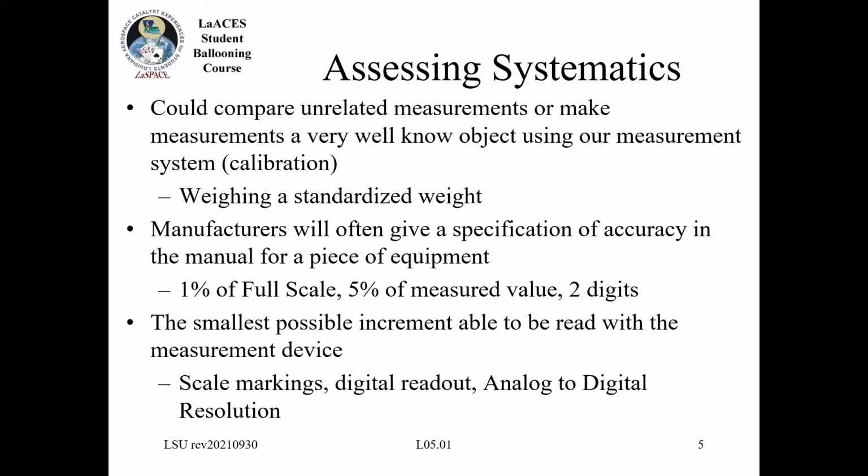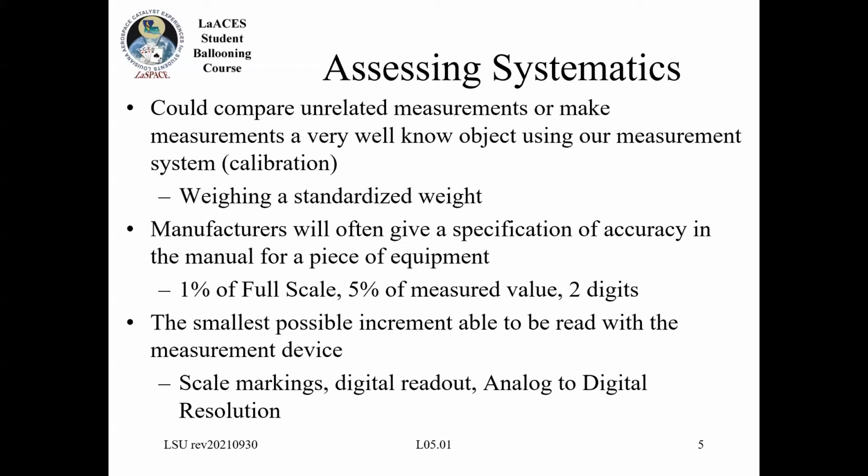Because you can't have a strict, mathematical treatment of your systematics, you sort of have to just argue and logically think about it and try and make comparisons to determine what it is.